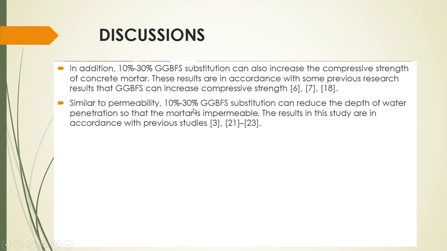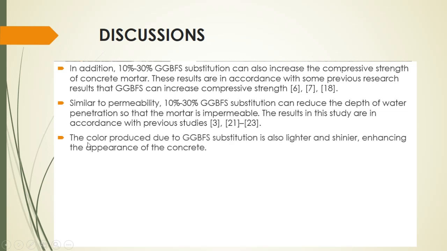Similar to permeability, 10% to 30% GGBFS substitution can reduce the depth of water penetration so that the mortar is impermeable. The results in this study are in accordance with previous studies. The color produced due to GGBFS substitution is also lighter and shinier, enhancing the appearance of the concrete.